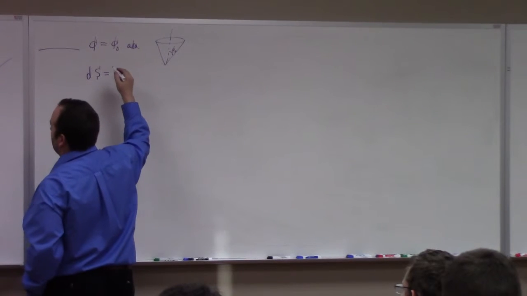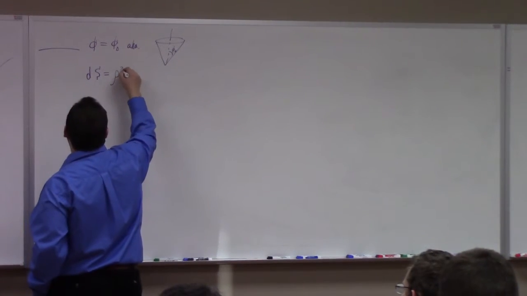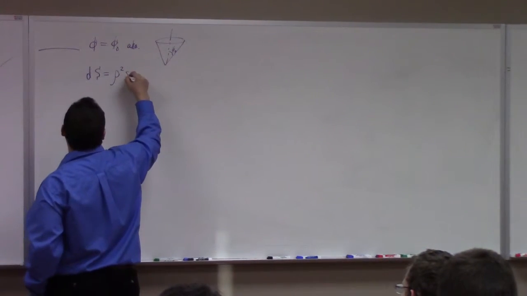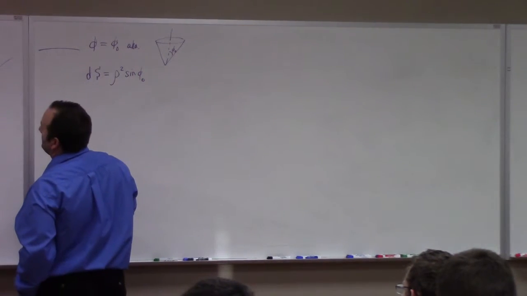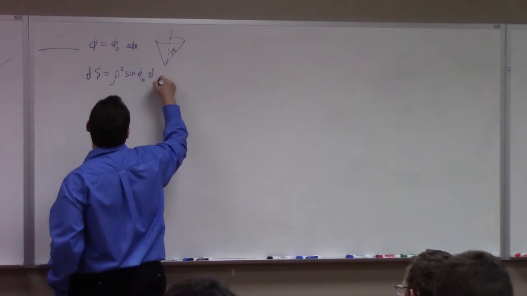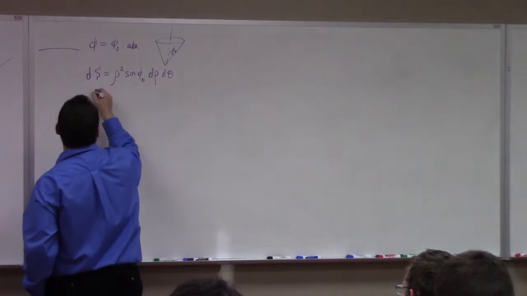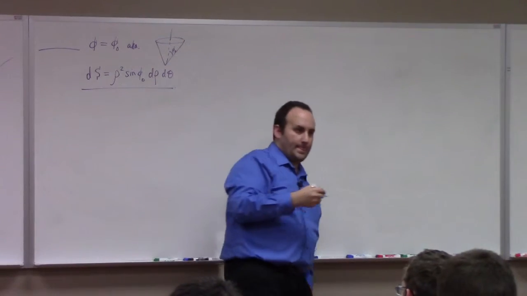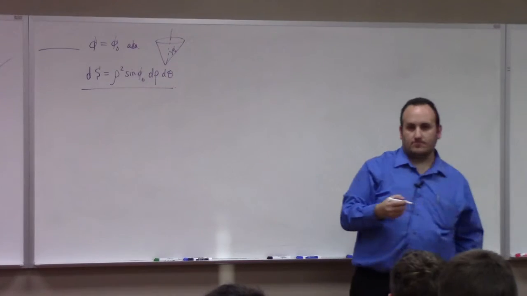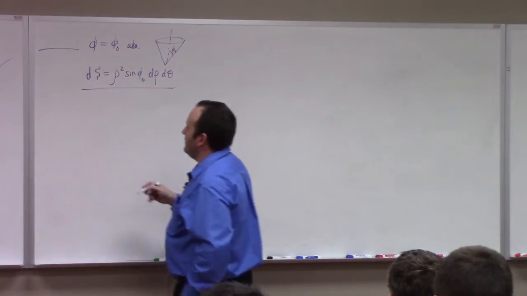I guess we'd suspect it would be rho squared sine phi naught, yeah, and d rho d theta, right? Or what else could we try?